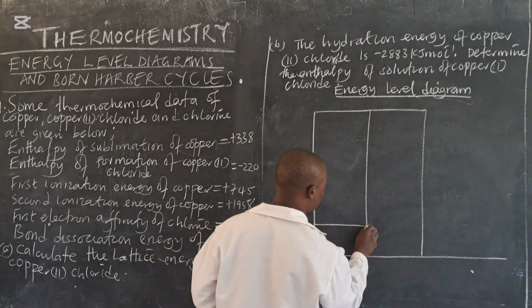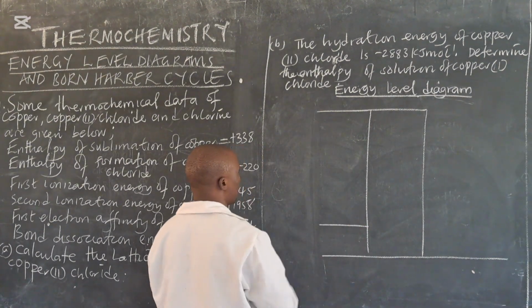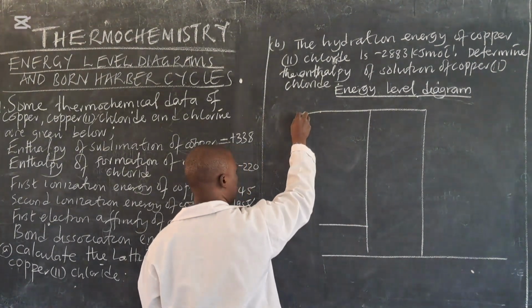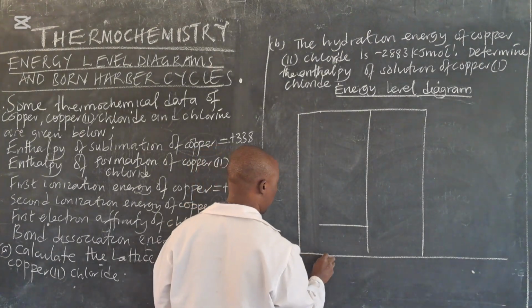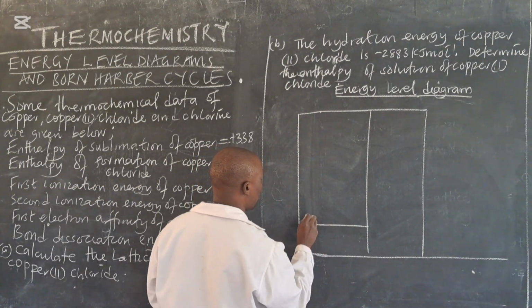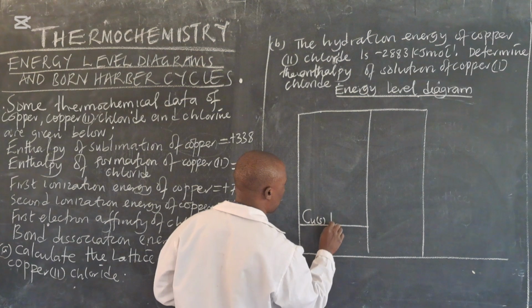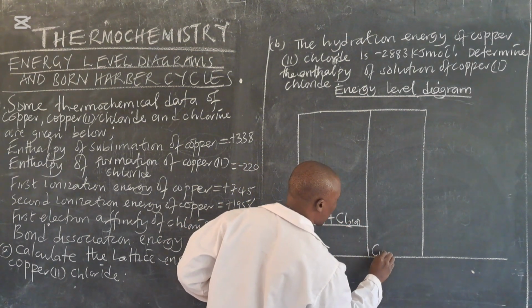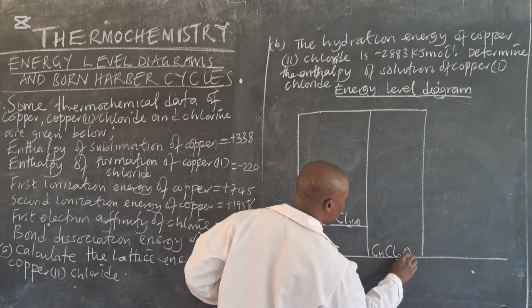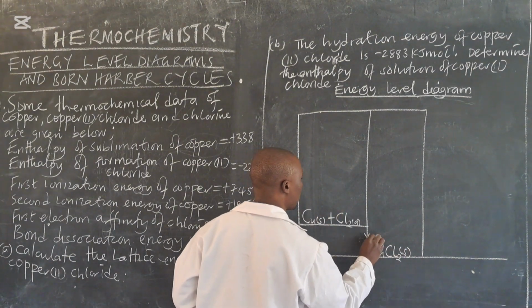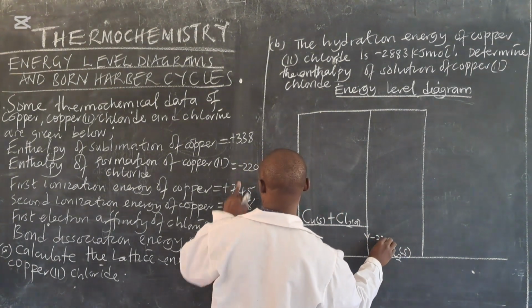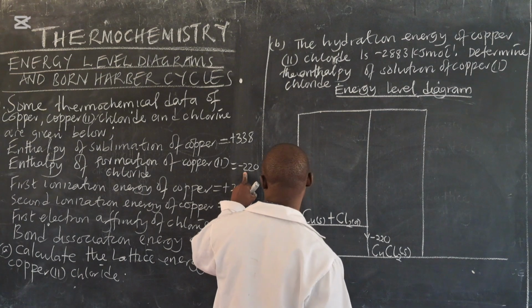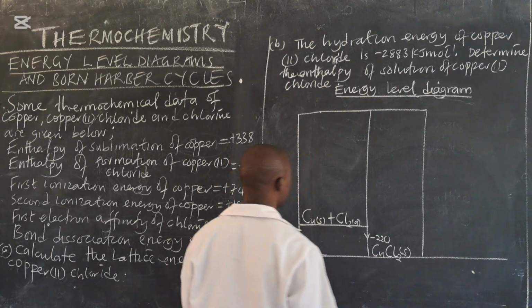So this is, can widen it a bit. So this is copper plus chlorine gives us copper 2 chloride. This is a solid. Its energy is negative 220, the enthalpy of formation of copper 2 chloride.